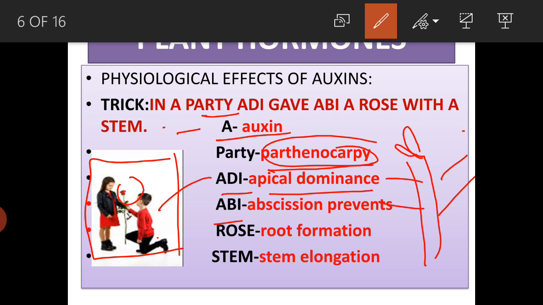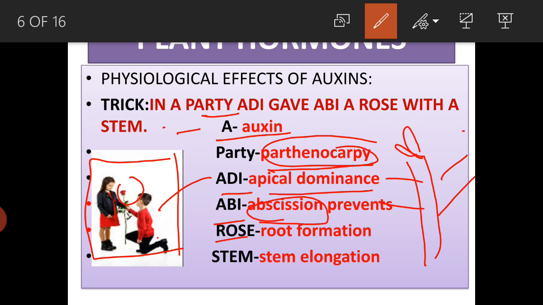And Abi here reminds us of abscission prevention. Auxin prevents abscission in a plant. Abscission means the withdrawal of a leaf, flower or fruit from the plant. The falling of fruits, flowers and leaves can be prevented when auxin is produced.